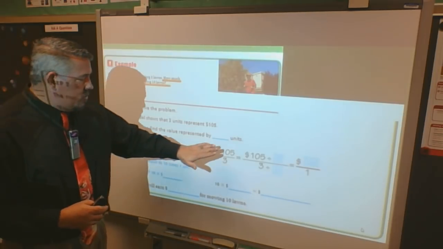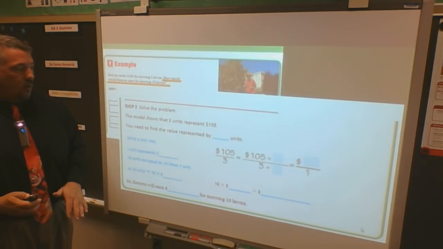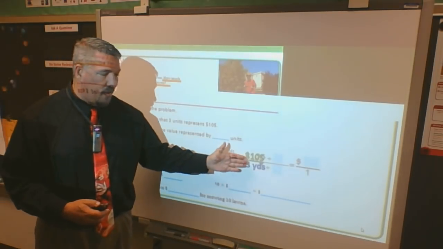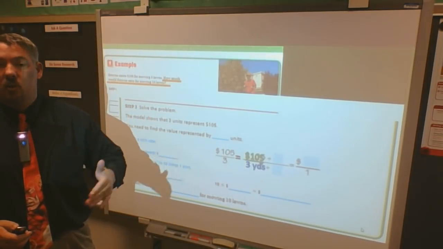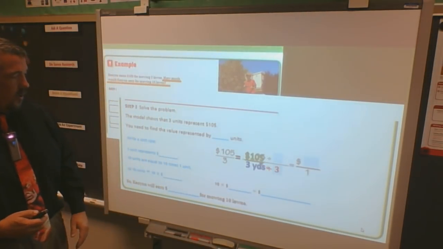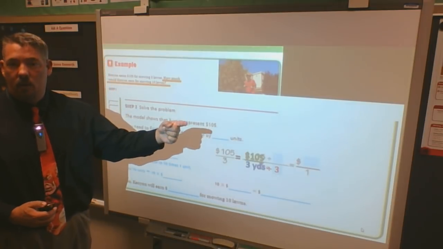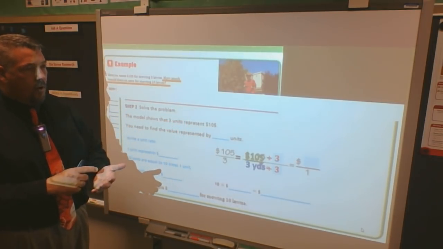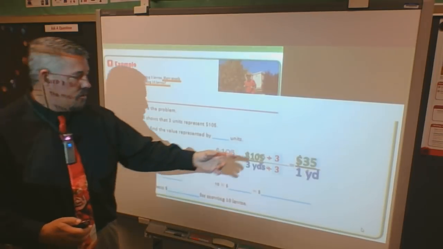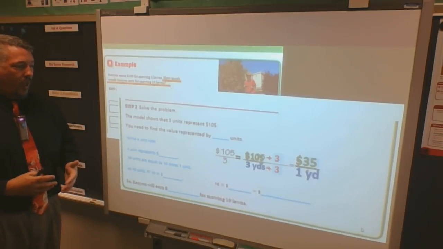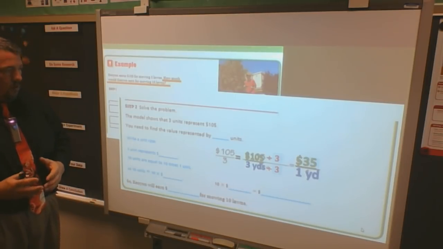Then I would say, well, I'm starting with $105, and I know I'm mowing 3 lawns. So I'm going to take that information and I'm going to find my unit rate first. So I'm going to divide my denominator by 3, and therefore I'm going to divide my numerator by 3. And then my handy dandy calculator tells me 105 divided by 3 equals $35 per yard or per lawn that he mows. All right.